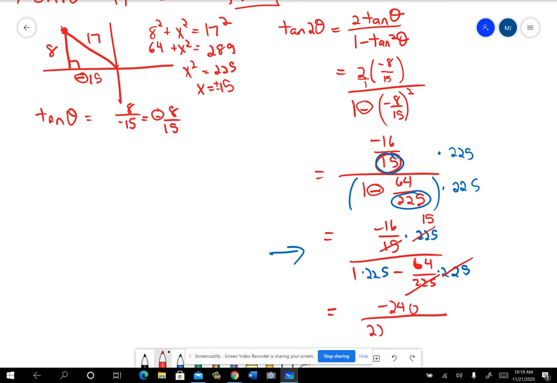And on the bottom, I have 225 minus 64, so that's negative 240 over a positive 161. And if that could simplify, I would divide by a common factor, but nothing's common. So that's my final answer.